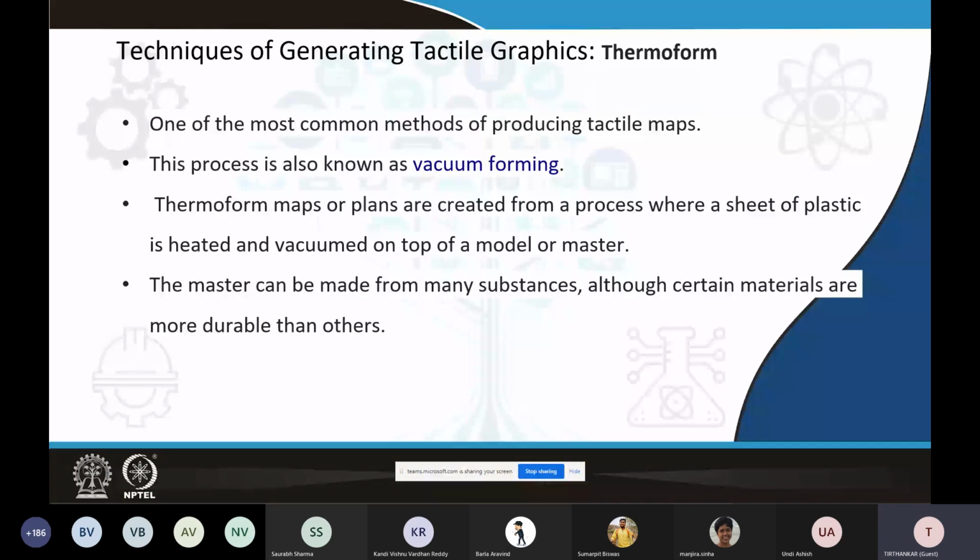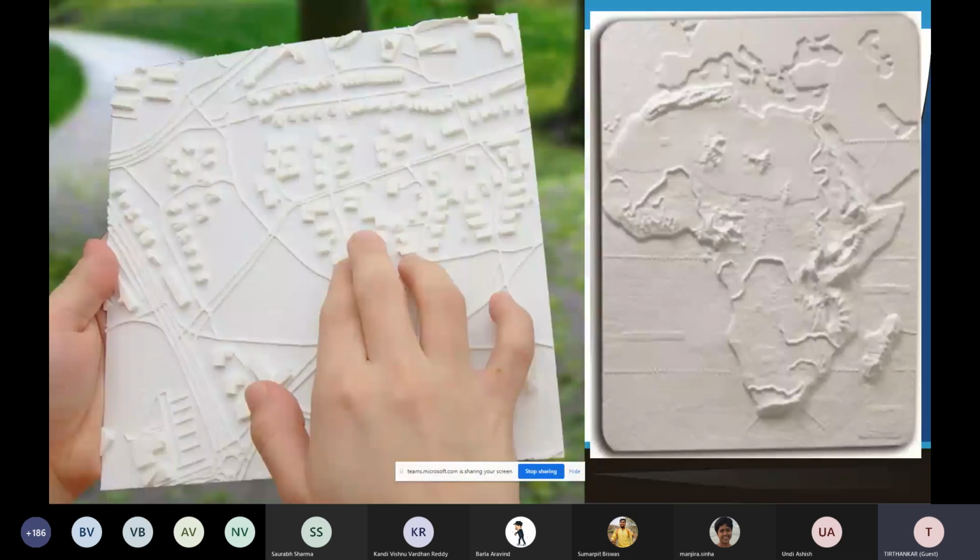So let me show you an example, but I don't know how many of you will understand it. It would have been better if you could have a physical class. So these are some of these polymer sheets where you can see an image representation of a map, where all the objects have been embossed using thermoform heating technologies over these polymer sheets.